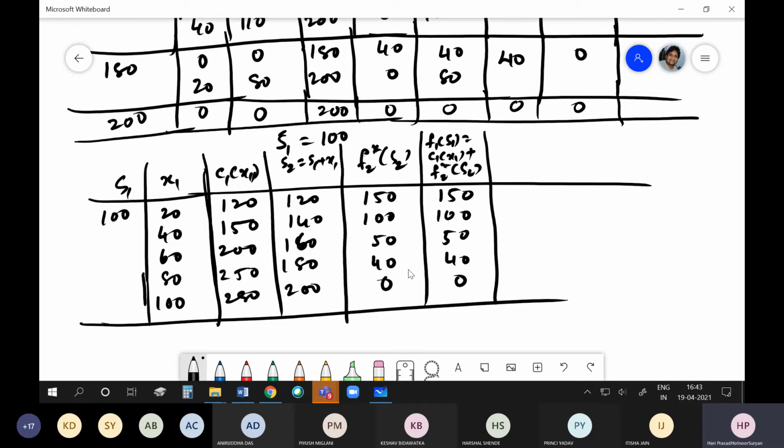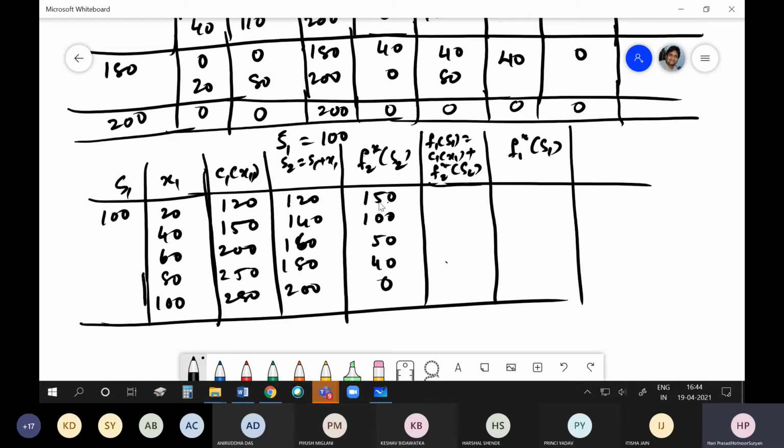Then f1 star of s1 is how much? Did I do something wrong here? I have to add these two actually.